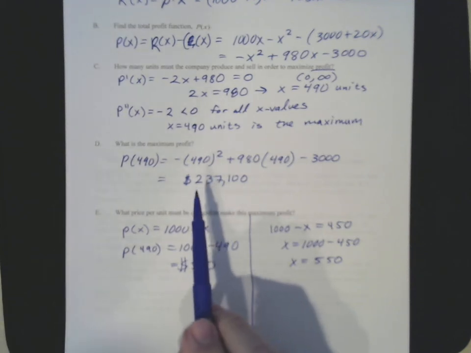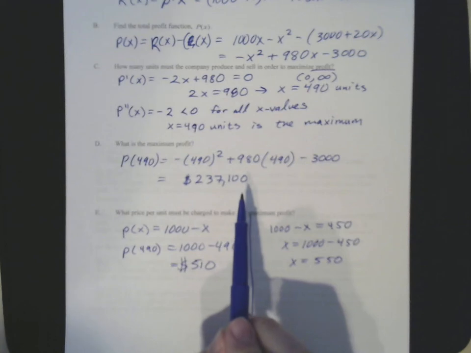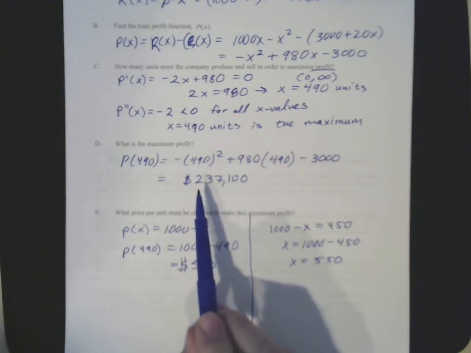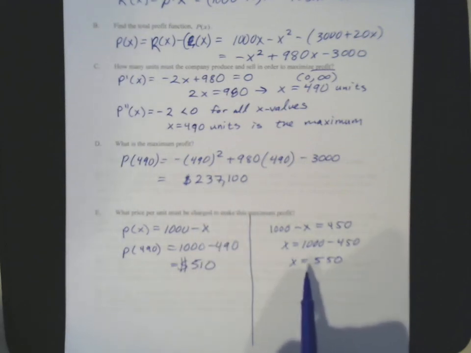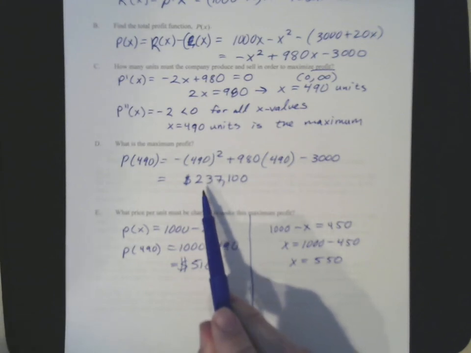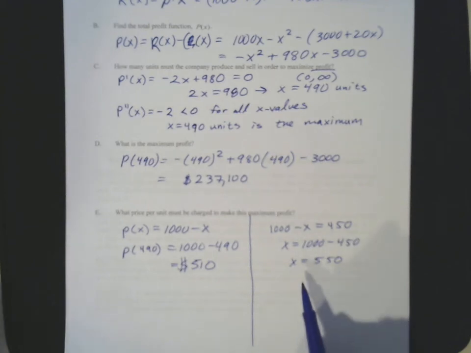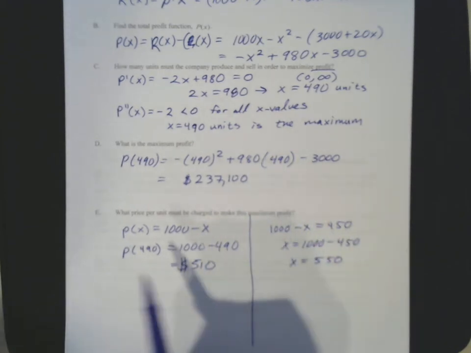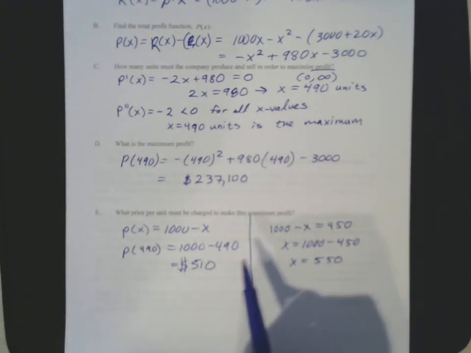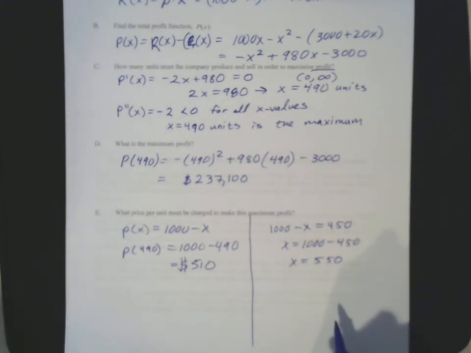So yes, you can make $237,000, but maybe making, whatever it would be if you plugged in 550, maybe making $200,000 is better in the long run because you'll have higher turnover, you'll get new stereos, you'll get more people in the store. Maybe they buy something else that's not just the stereo.